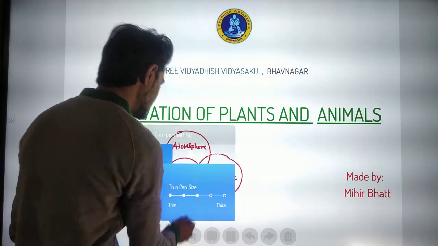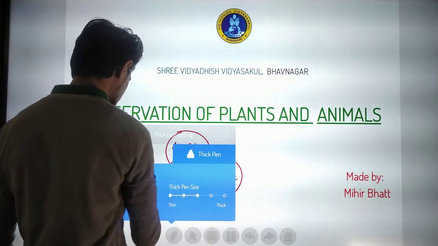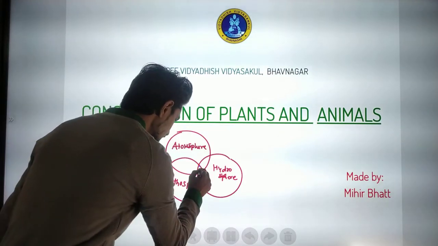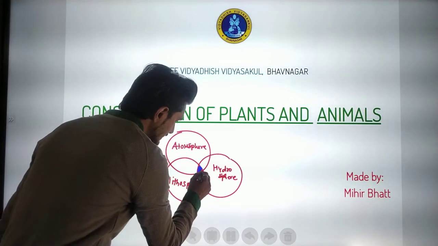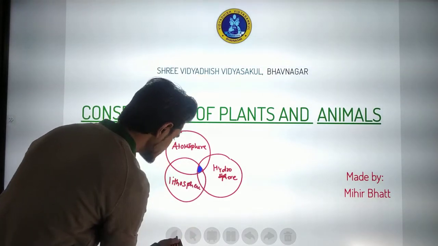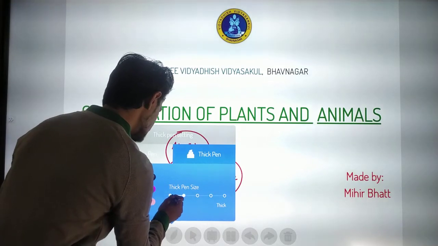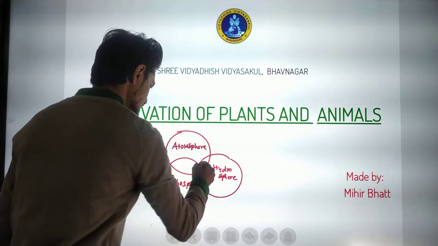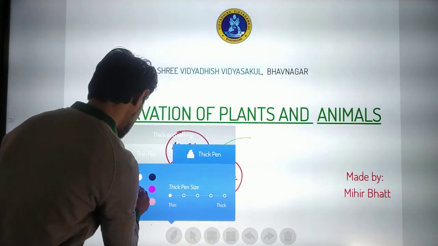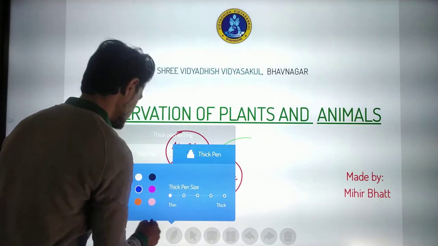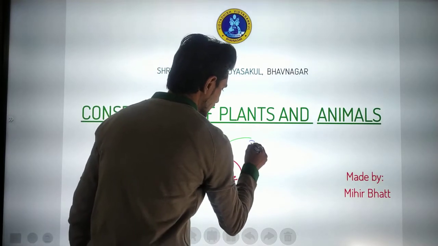Whenever they get mixed with each other, the layer made by these three spheres is considered as the biosphere.